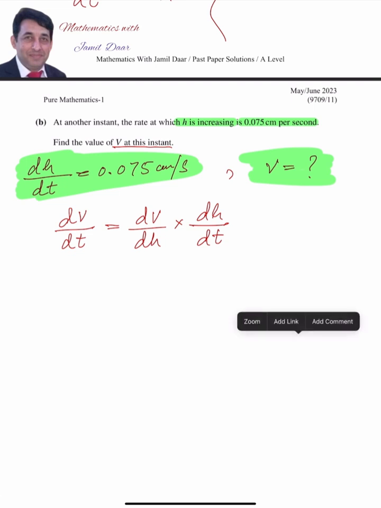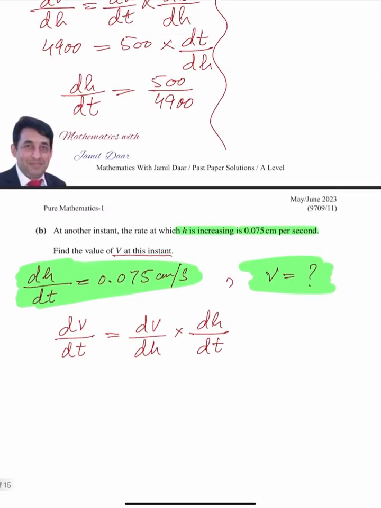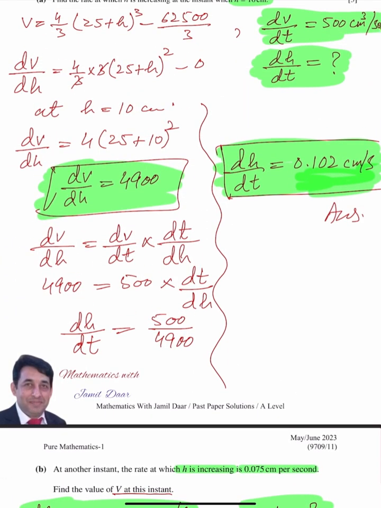Let me check it again. This is dv over dh, right?